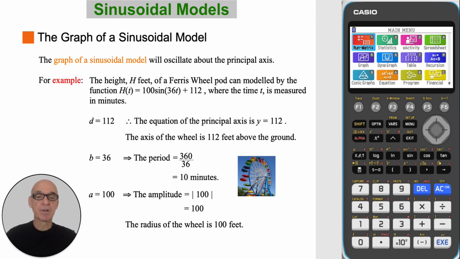The period of the function is 10 minutes, reflecting the fact that a pod takes 10 minutes to complete one full rotation. And the amplitude is 100, reflecting the fact that the radius of the Ferris wheel is 100 feet long.